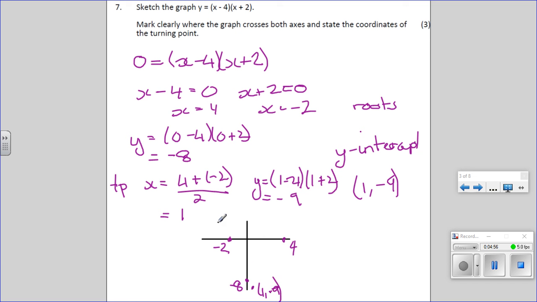So then all I'm going to do now is join up my points, and I've sketched the quadratic. And that's worth 3 marks: one for your roots, one for your y-intercept and turning point, and the final one for a correct graph.